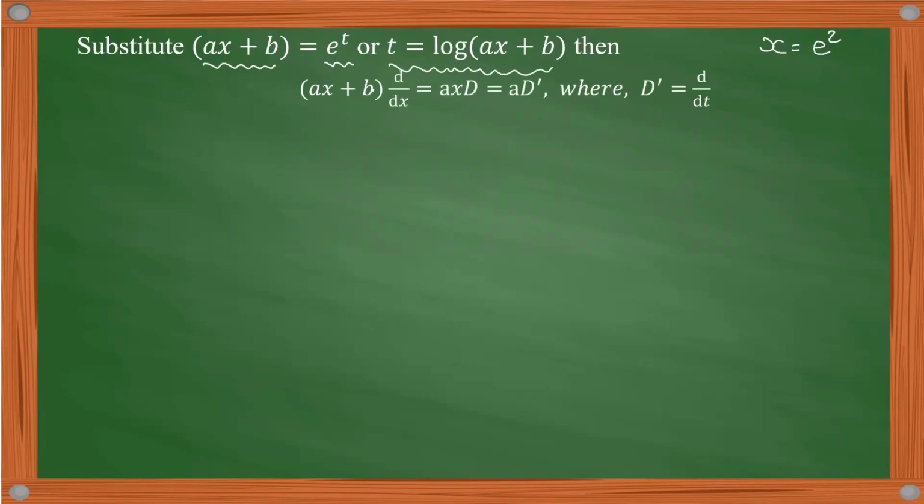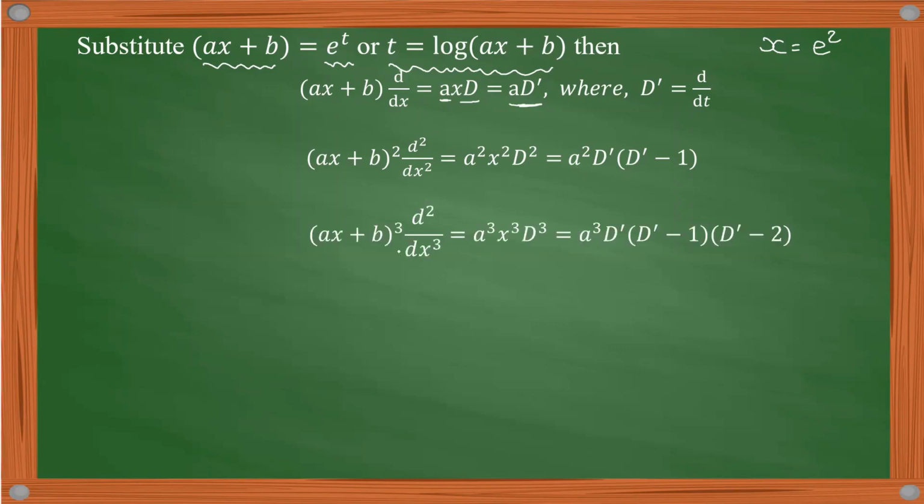So now (ax plus b) into d by dx will be replaced by a into D dash. This a is extra. In Cauchy-Euler also we have this x into d. Similarly, if we have the second order differentiation term, it will be replaced by a square D dash into (D dash minus 1).